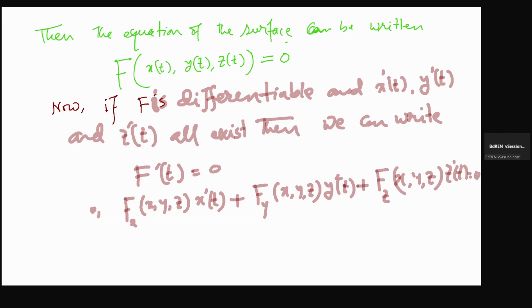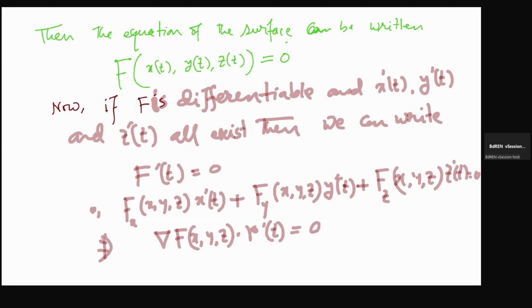So it can be written using the vector notation: nabla f(x, y, z) dot r prime t, because you know that r was the vector valued function of x(t), y(t), and z(t).